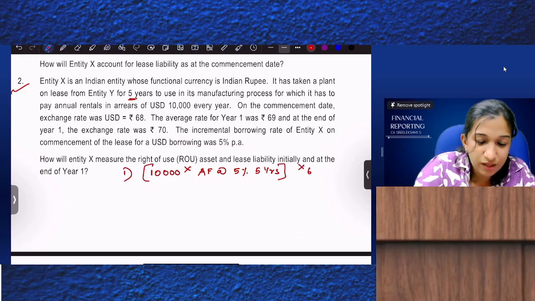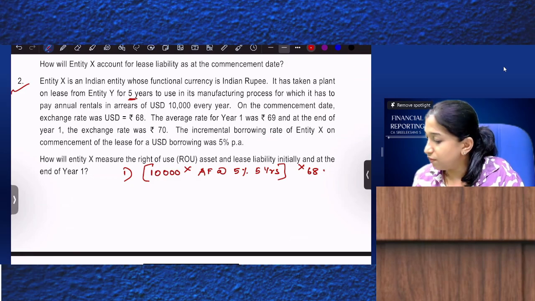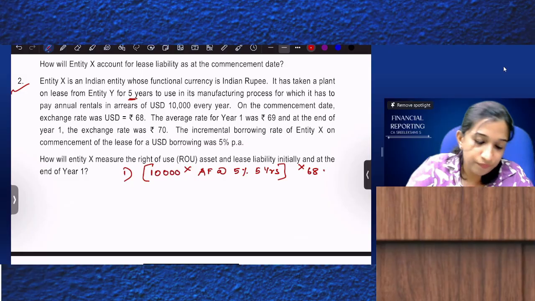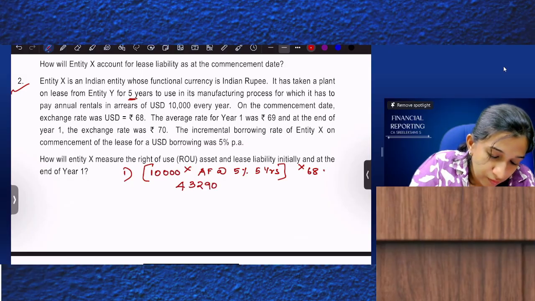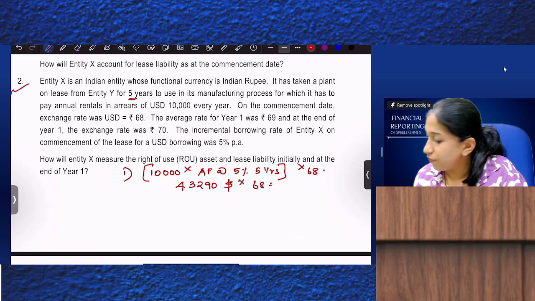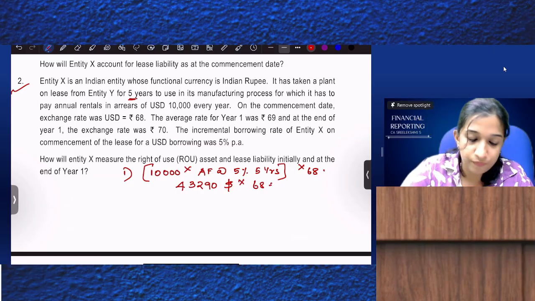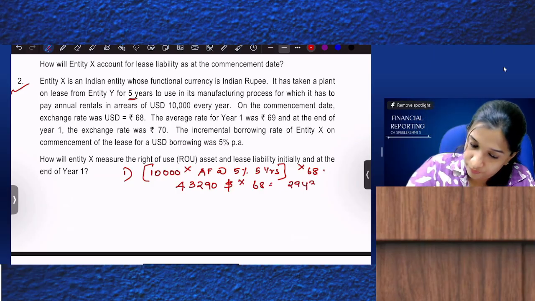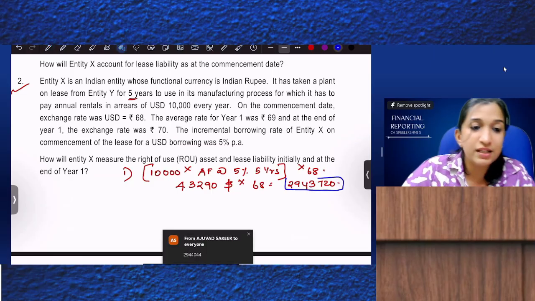This will be converted using 68. My first entry is ROU asset to lease liability.